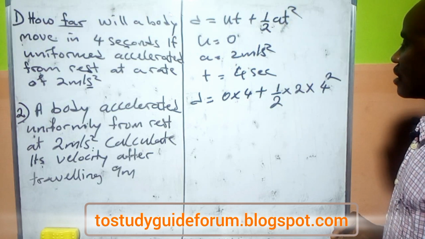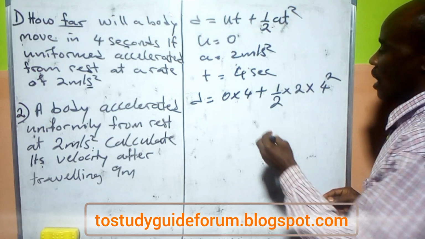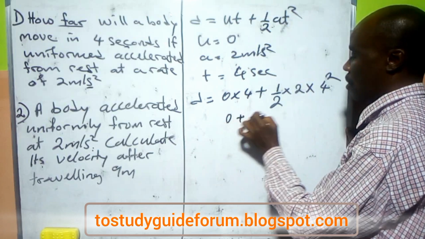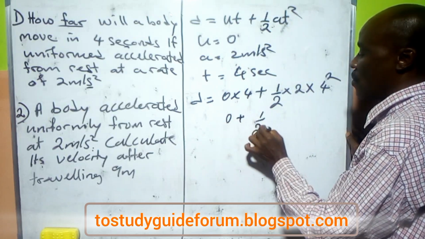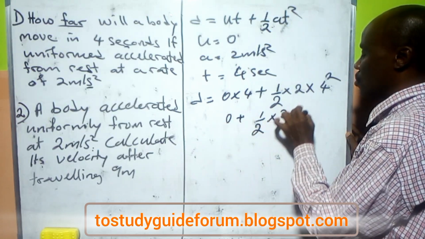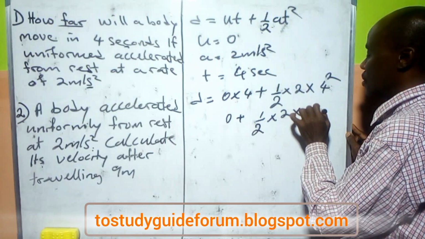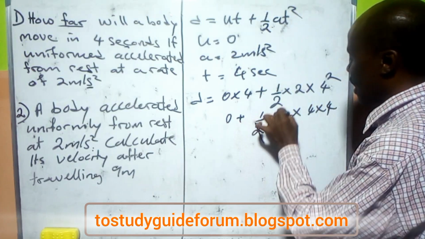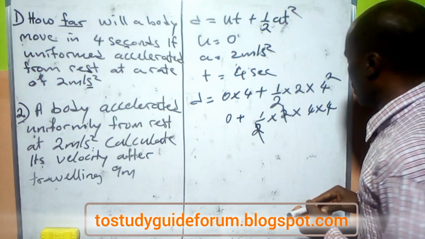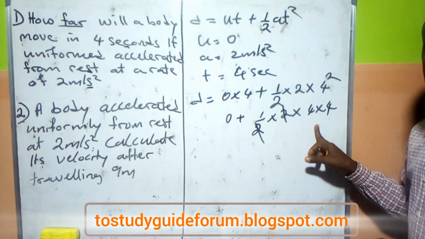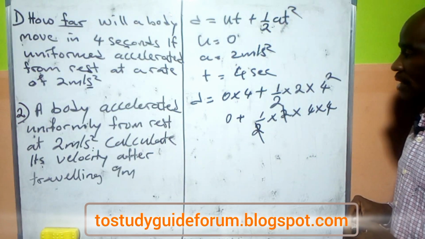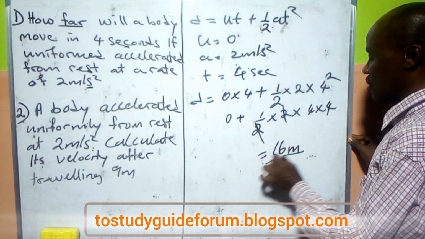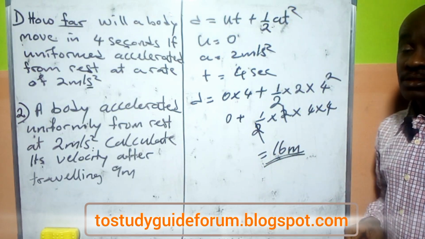So what we do next, we look at the values. 4 times 0 will give us 0, plus here we have half times 2 times 4 times 4. 2 will cancel 2, then we'll have only 4 times 4, which will give us 16. That is 16 meters, the distance traveled.